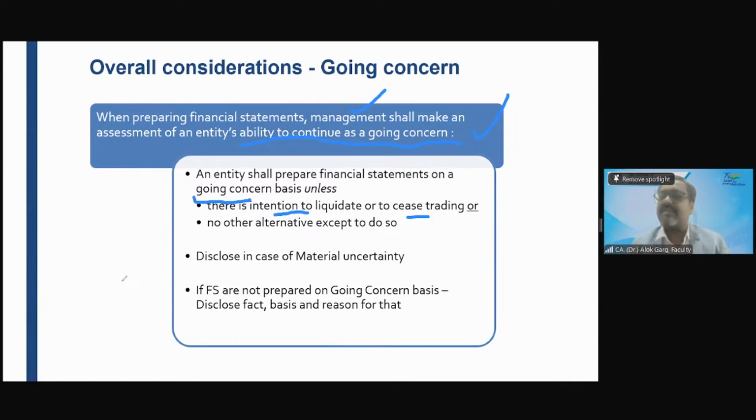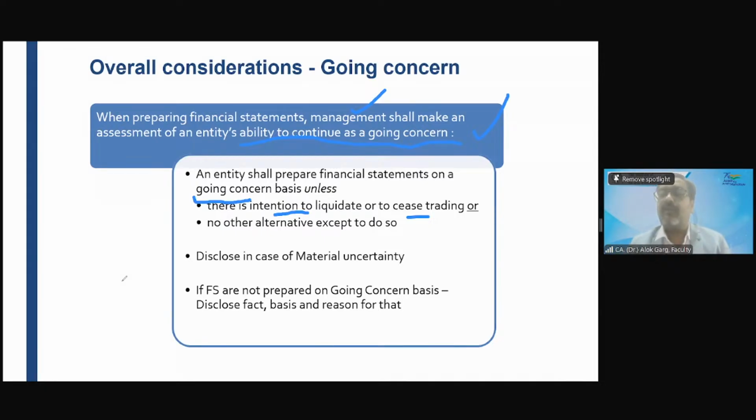If I talk about this company, it is a very sound, very cash-rich company. Good orders, good product line, right? Everything is great. They don't have any intention to liquidate, any intention to stop or shut the business.